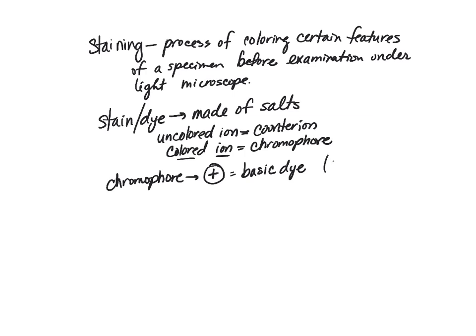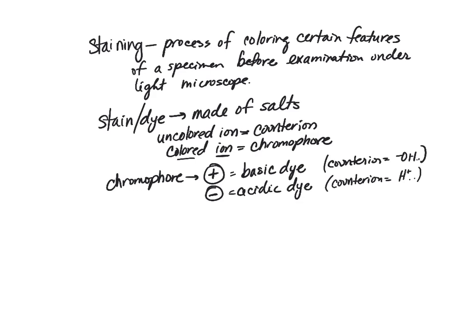And then it would, of course, have a counter ion, maybe something like hydroxide. If the chromophore is a negative ion, then that would be an acidic dye. And then, of course, we would have our counter ion. So, for example, it might be hydrogen or something else like that. So we have our basic dyes and we have our acidic dyes.